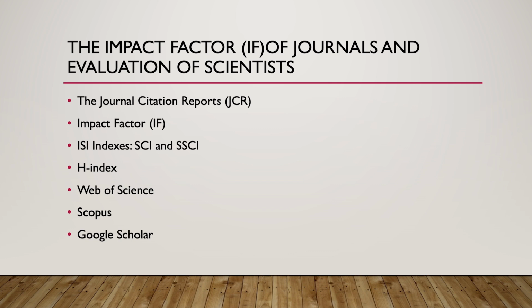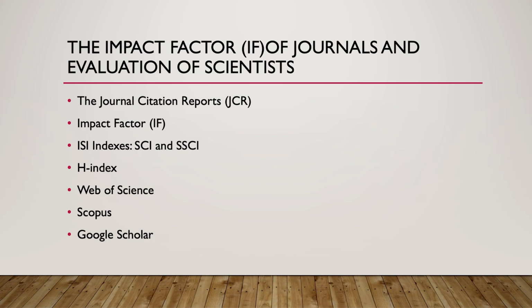Before we had Web of Science, we had ISI indexes, and before ISI indexes, first we had the Science Citation Index. These indexes usually consist of the very cream of scientific publications, so they have a very rigorous selection procedure to pick the journals.